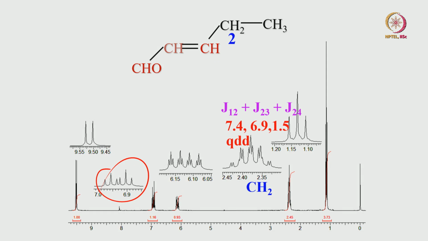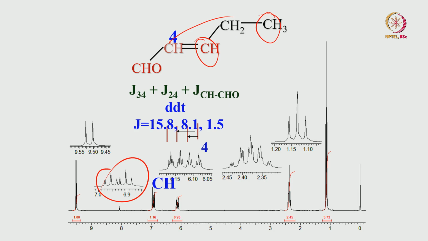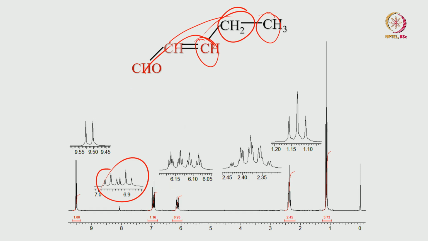This is having a quartet of doublets because it is a quartet because of this, a doublet because of this, and also has a long range coupling with this. And this 4 is having a doublet of triplets, because it is a doublet because of this, and also long range coupling to this, and that is how we understood this one.